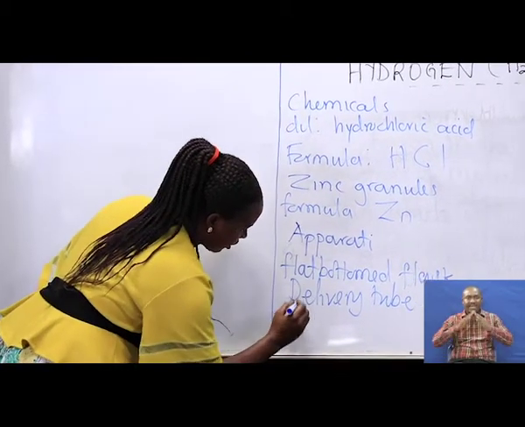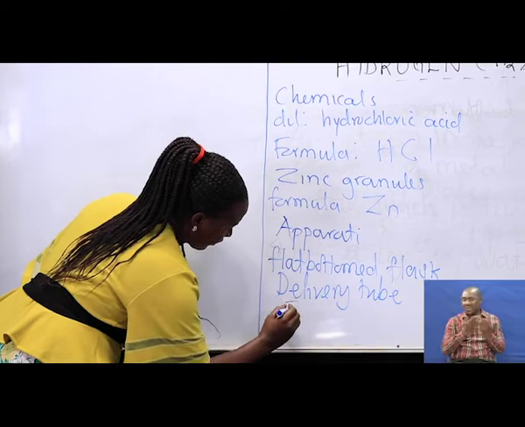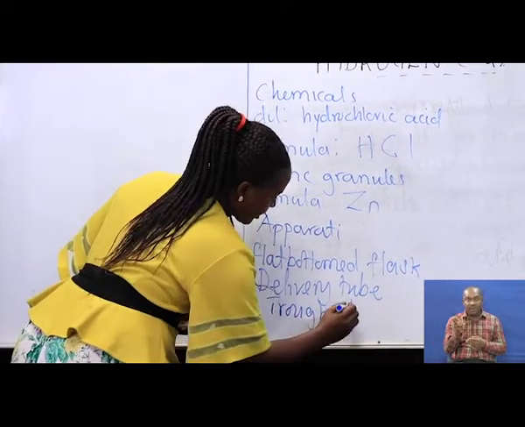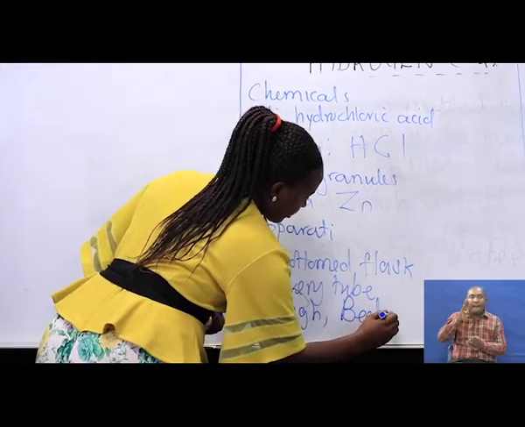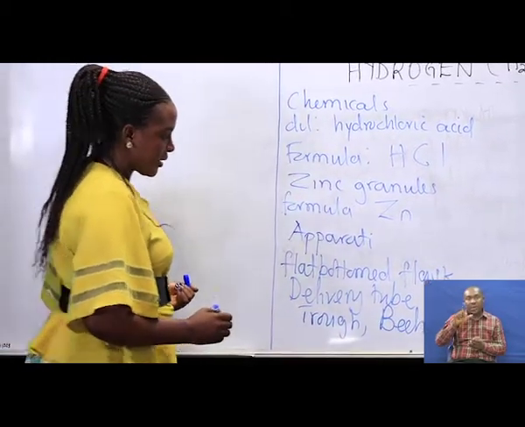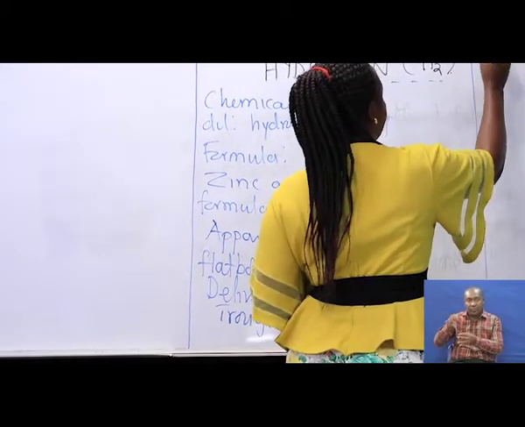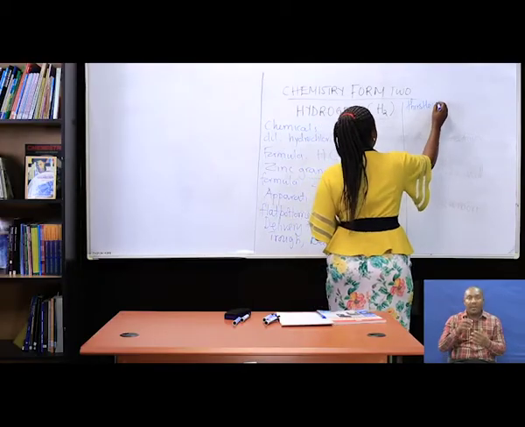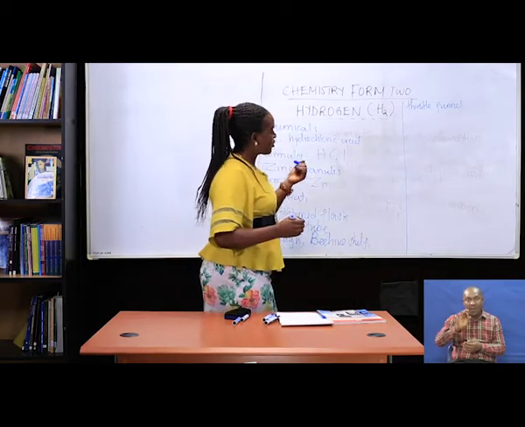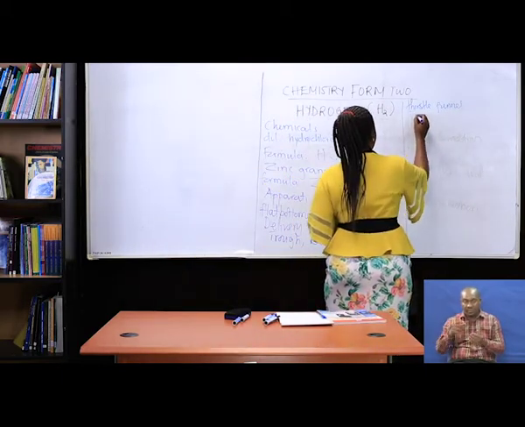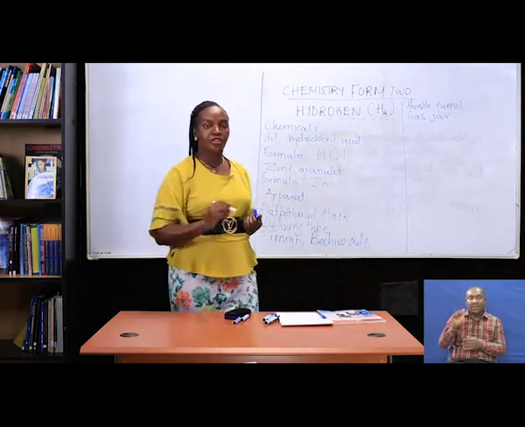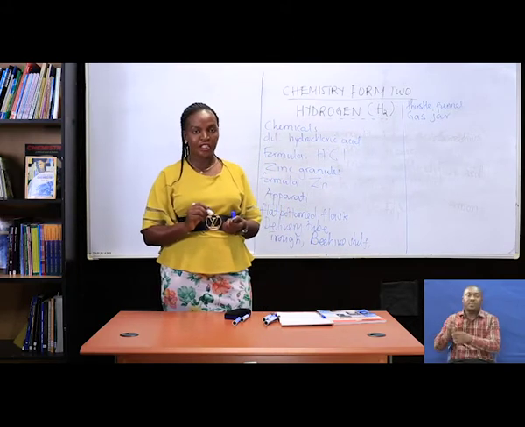But we must also have a trough, a beehive shelf, and a thistle funnel. The last one, we must have a gas jar. So these are the apparatus that you are going to use when preparing hydrogen in the laboratory.